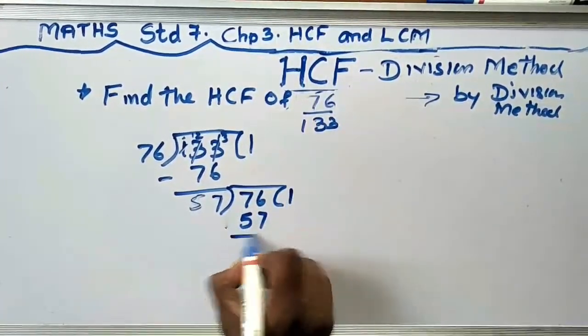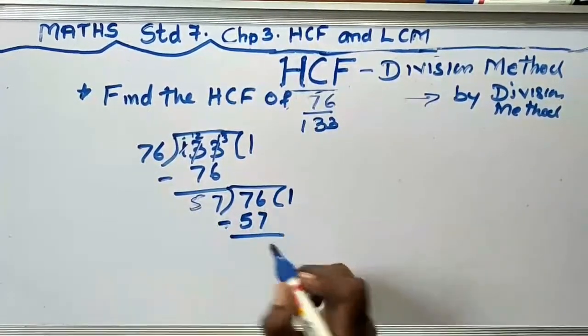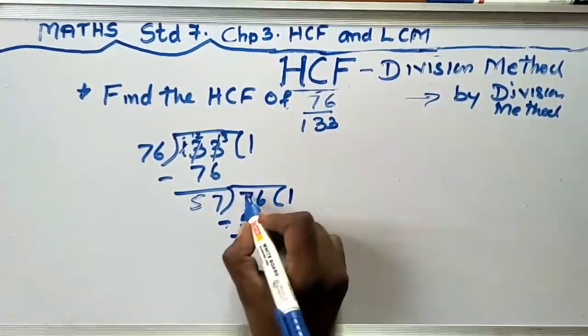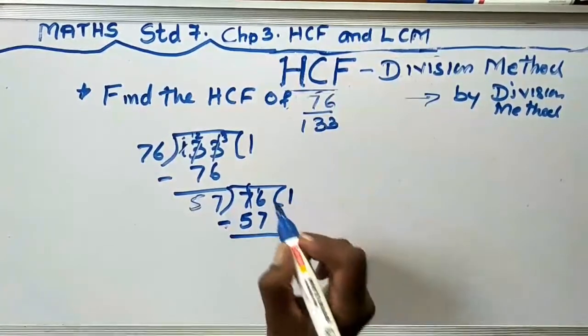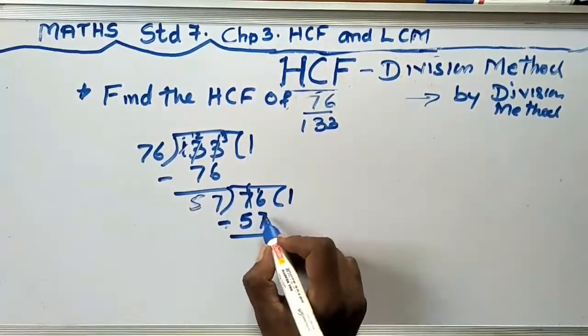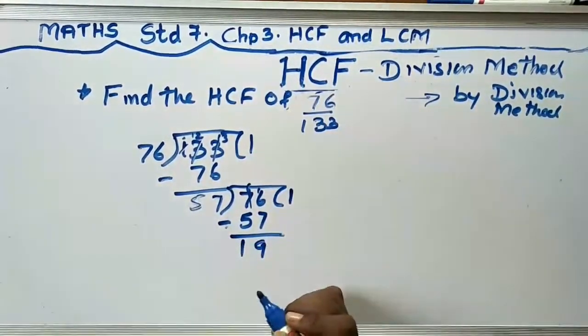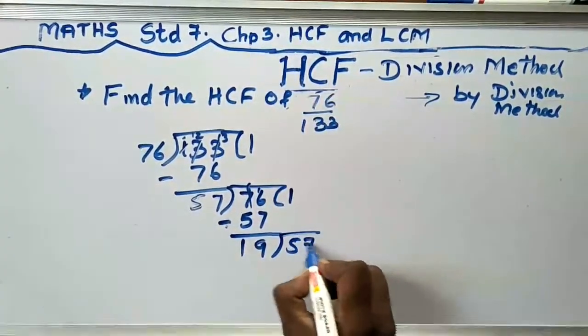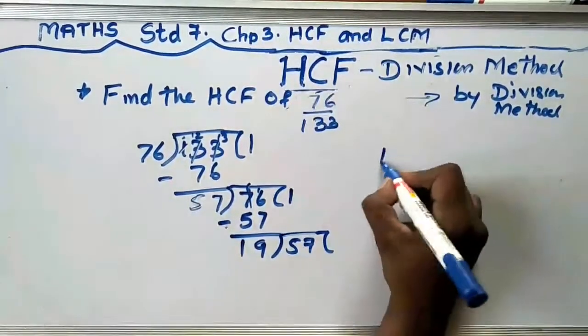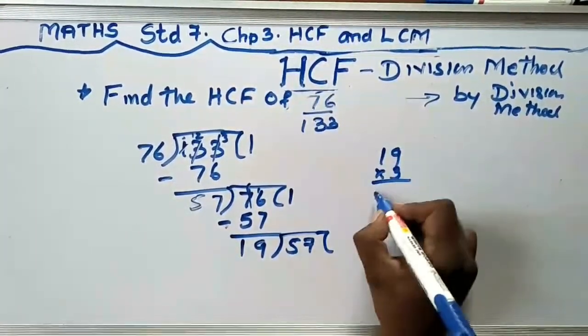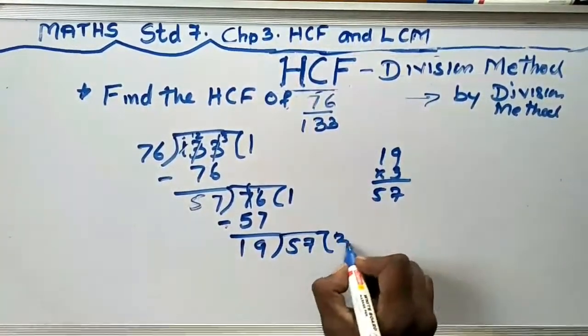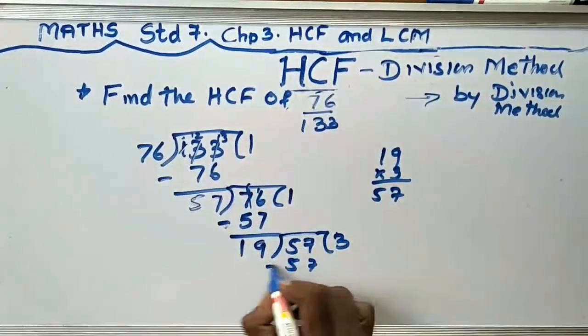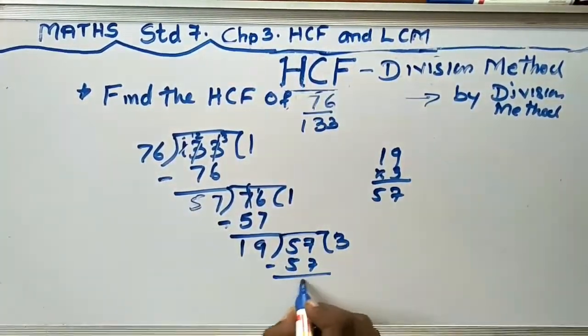Again 1s are 57, divided by 76, subtract it, here 6, 16, so 6, 7, 8, 9, 1. Next, this 57 I have to write it inside, so 19 3s are 57, I got 0.